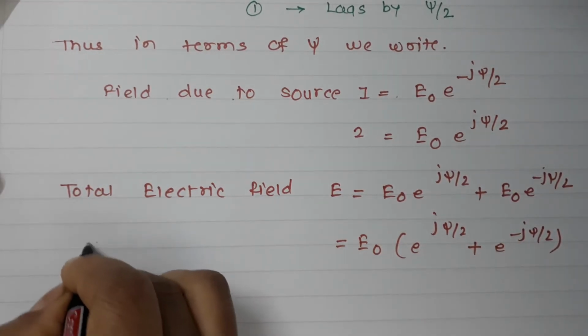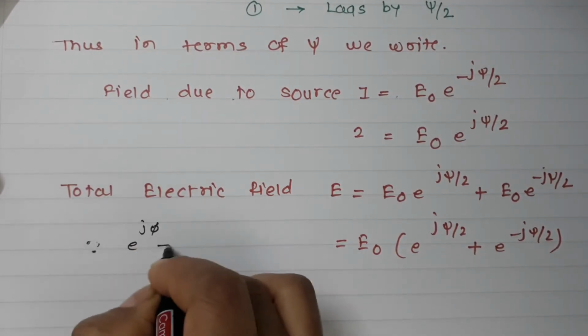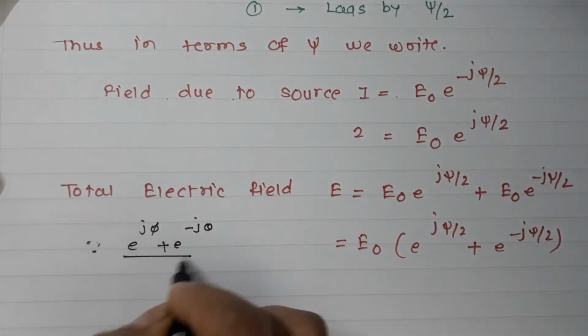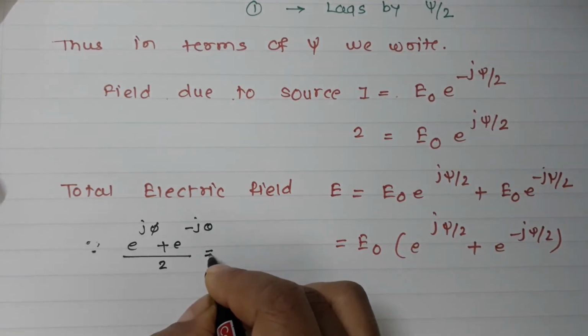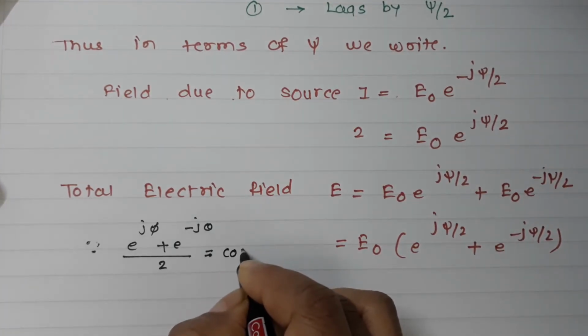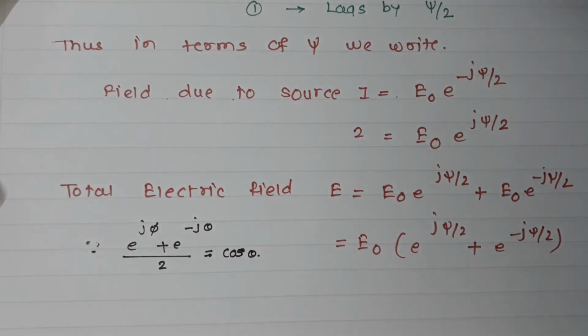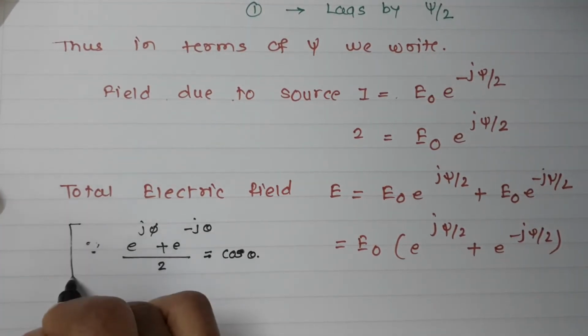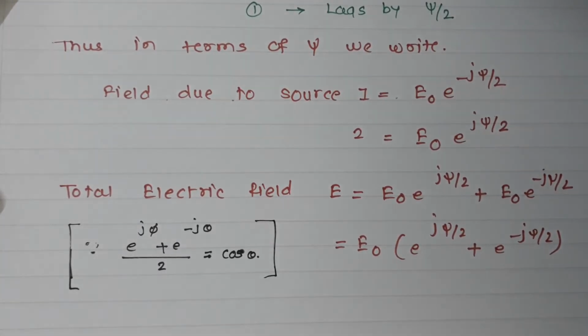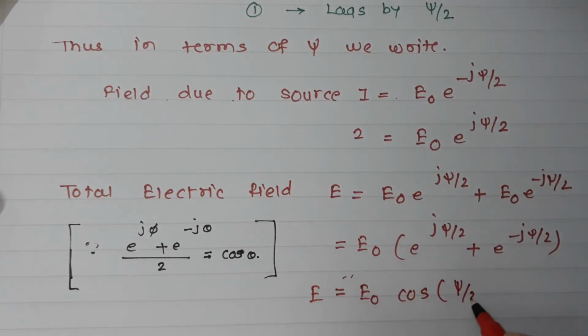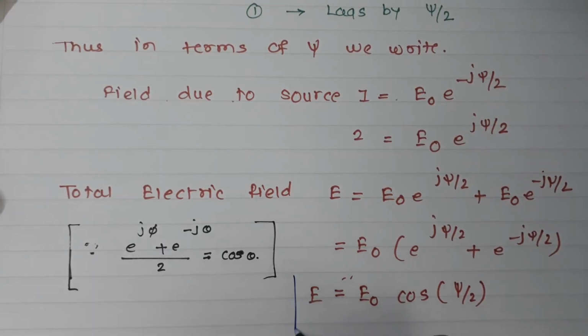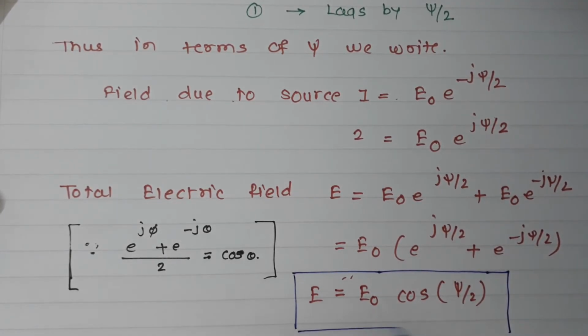We know that (e^(jθ) + e^(-jθ))/2 is nothing but the cos of θ. So if I apply this form of the equation here, I can write E = E0 cos(ψ/2). This is nothing but the total field which I have obtained because of these two elements.